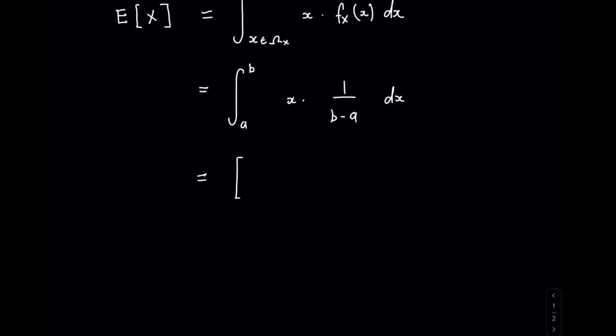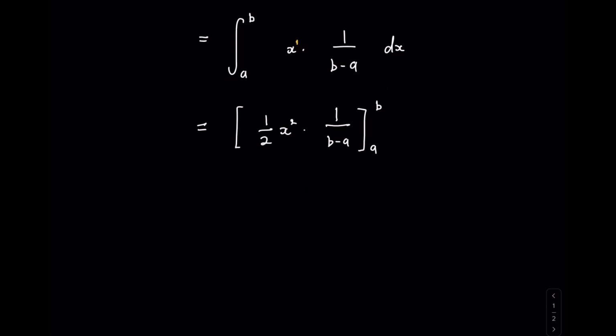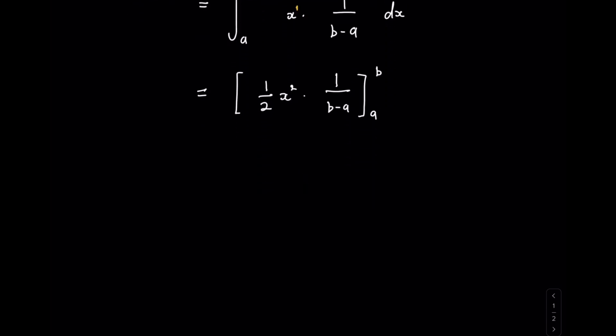So in this case, the power is 1, and adding to the power, you get 1 over 2, x squared, and then we're still multiplying by the constant. And then, of course, we're going from x equals a to x equals b.